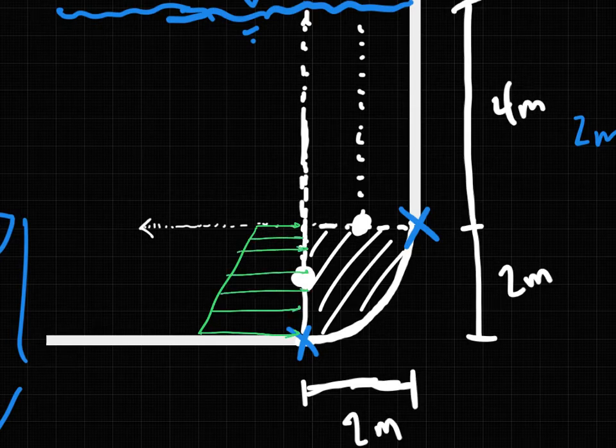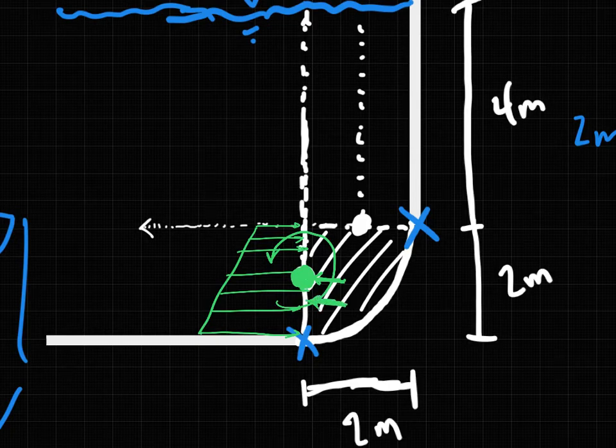Remember, if I were trying to replace all those with a single force and I put it right here, the effect from a moment standpoint would not be right. If I were to try to oppose that force right there, this would have a moment like this. So that's not really where it's acting. The force is actually acting a little bit below that, somewhere down here.